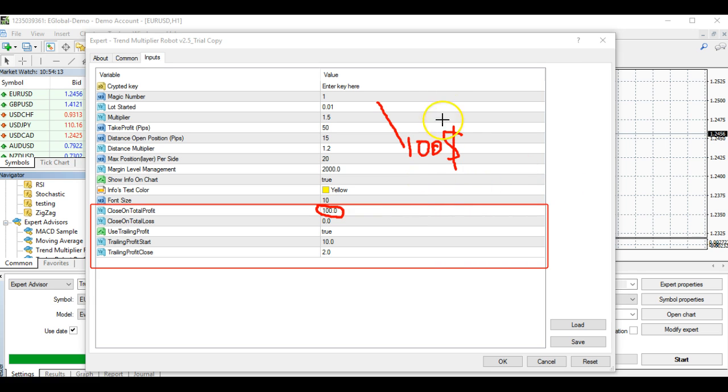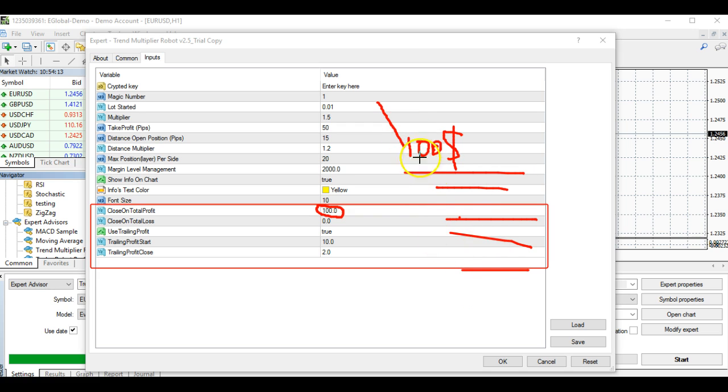Series of trades means in all your Euro US dollar sell mode, you have a series of trades, right? First you have the lot multiplier here, 2, 3, 4, 5. So they call it a series of trades.